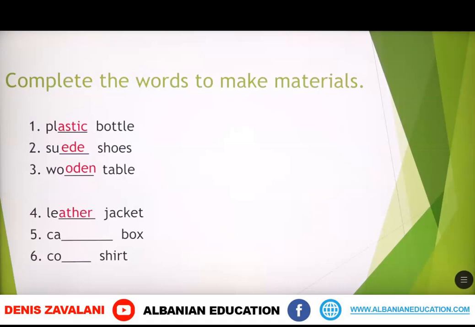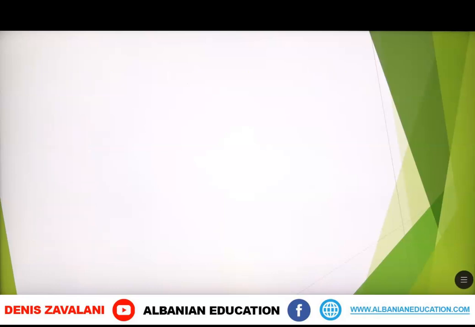Number 5, CA, box. What kind of word is it here? It's cardboard box. Number 6, CO, shirt. It's cotton shirt.